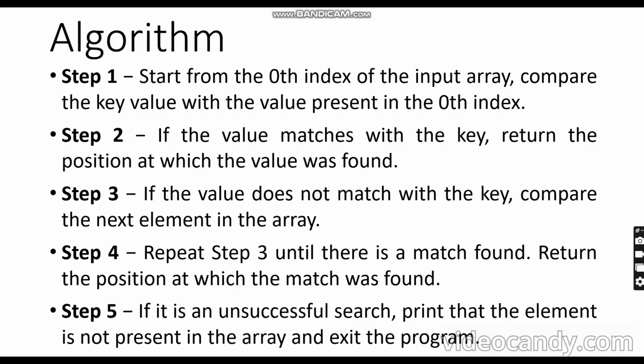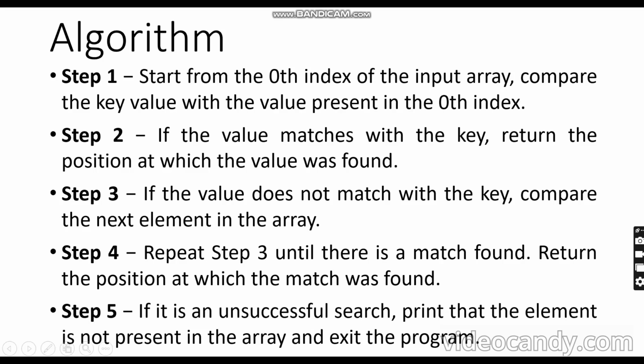So as you can see in the algorithm, you have to start with index 0, right? And compare the element which you want to search, that you can call the key value, with the value which is present at index 0. Suppose the value matches the element present at index 0, you can just return the position and print a message that the value was found.